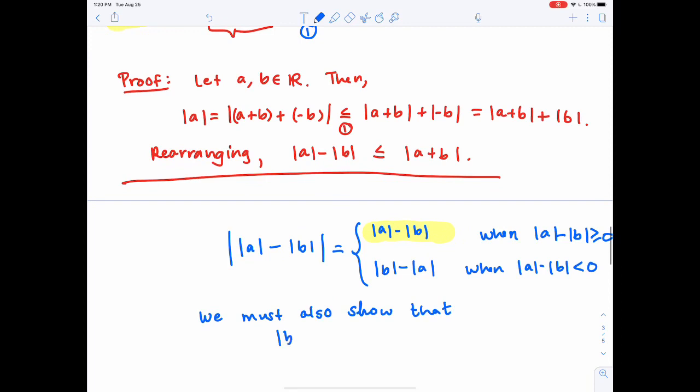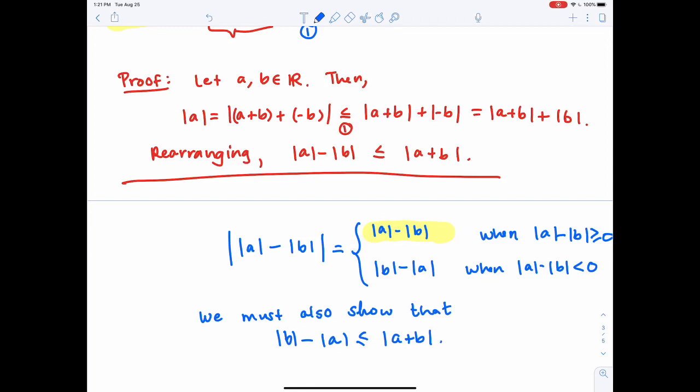So we also need to show that the absolute value of B minus the absolute value of A is less than or equal to the absolute value of A plus B. That's the way I can show that when I put the absolute values around the entire expression, it's less than or equal to the absolute value of A plus B.